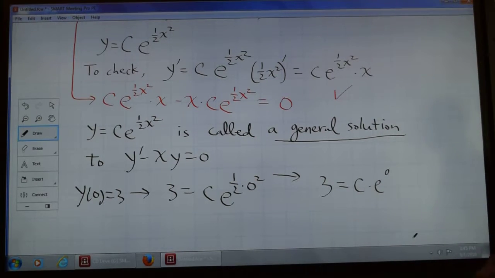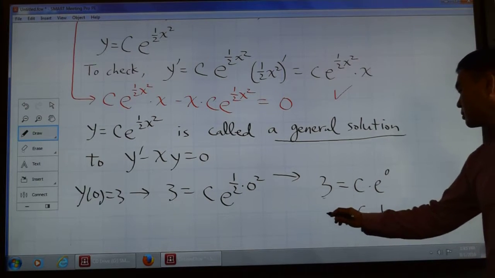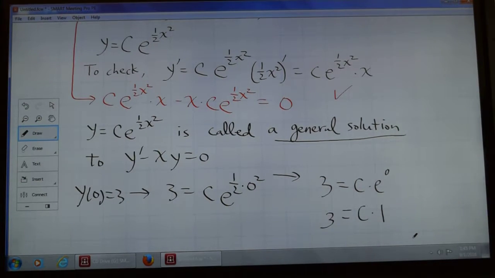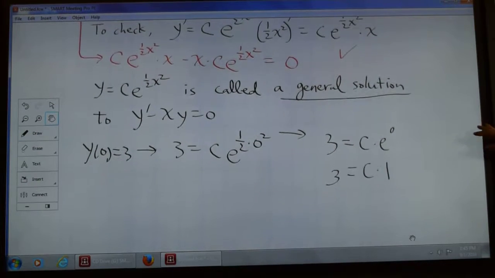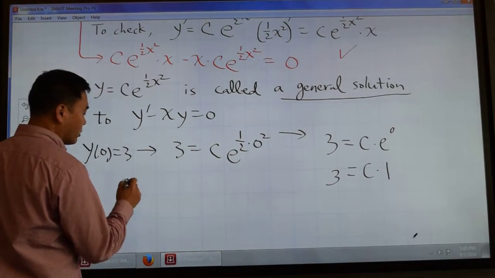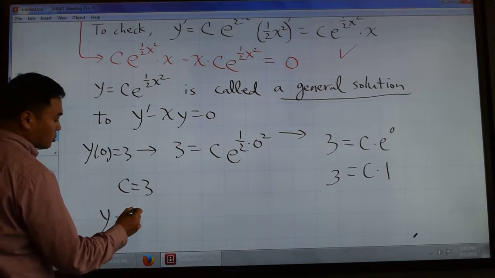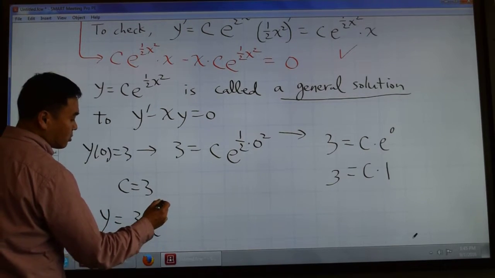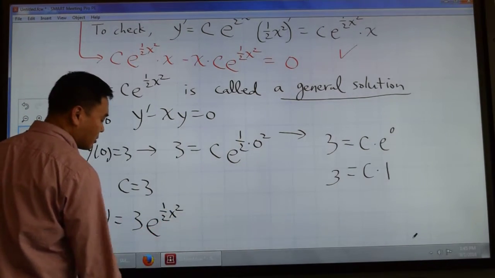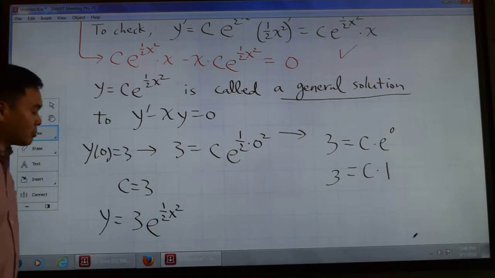What's e to the 0th power? 1. And therefore c is equal to 3, and that implies that y is equal to 3 times e to the 1/2 x squared. And then we say this is the specific solution.